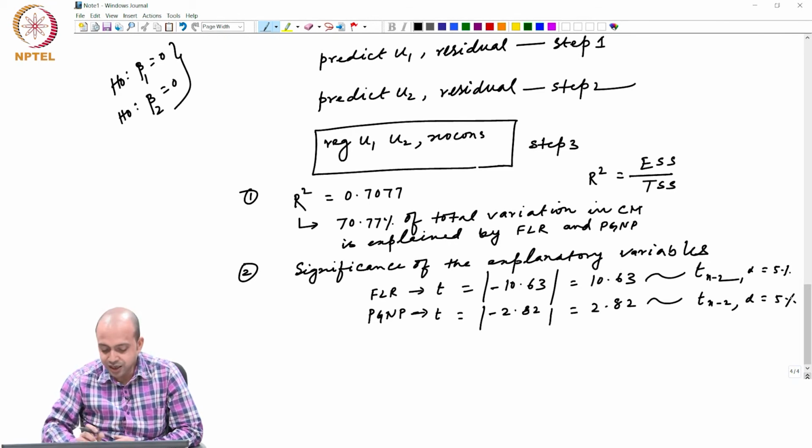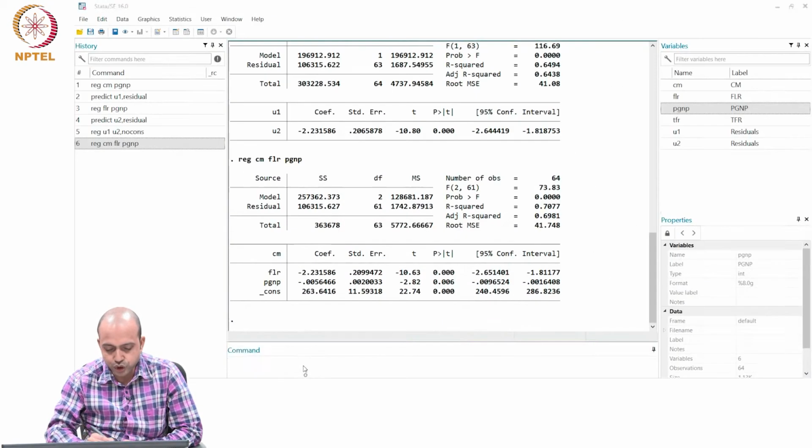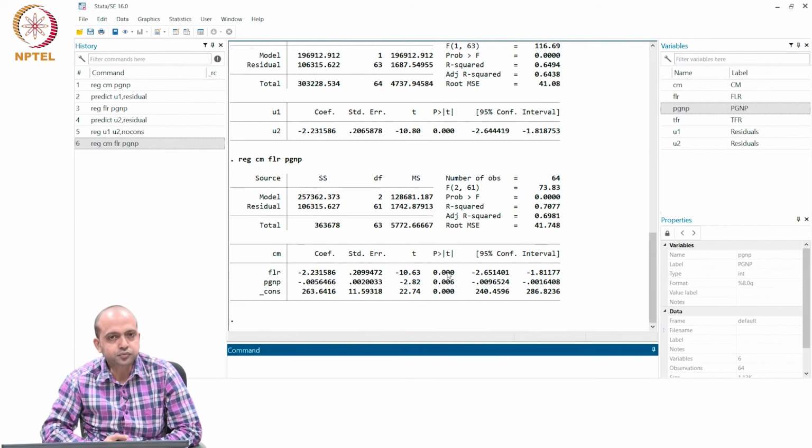But as I said earlier, Stata is also giving us the p value, which is called exact level of significance. And look at the p value: it is 0.000 and 0.006. So, if you multiply by 100, both the values are less than 1.